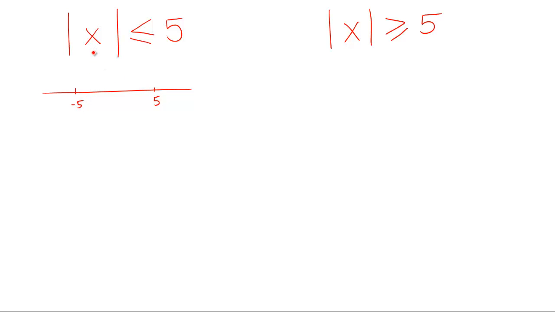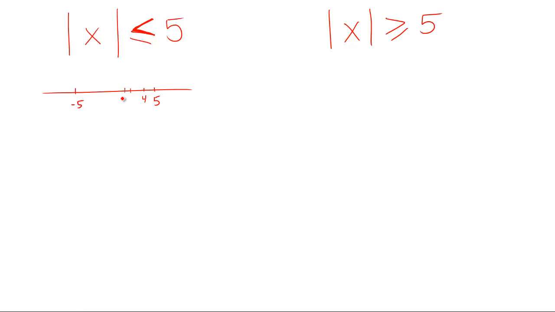Absolute value 5 is equal to 5, absolute value negative 5 is equal to 5. But we want the less than, so which other points work? So, well, if we stuck a 4 in here, absolute value of 4 would be less than 5. So 4 works. Does 6 work? No, it doesn't, because it's too big.